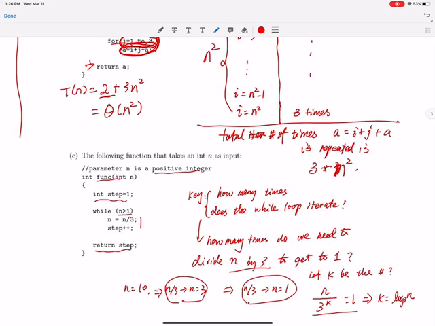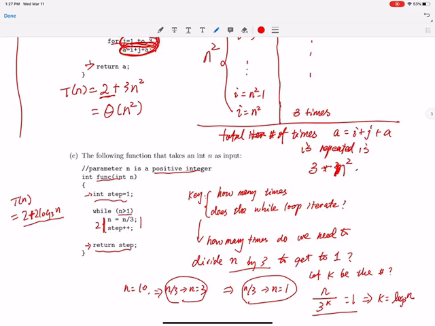This means the total number of steps this function will execute is, taking into account this step, that's 2, and then the number of times the loop is iterated is log base 3 of n, and every iteration of the while loop has two steps, so that is the total number of computer steps.